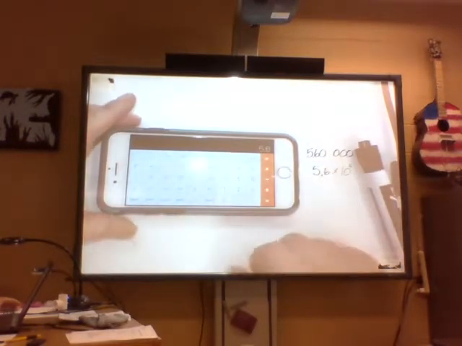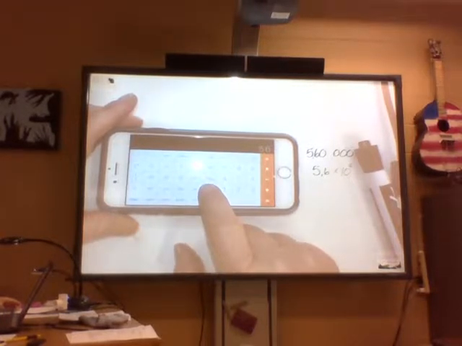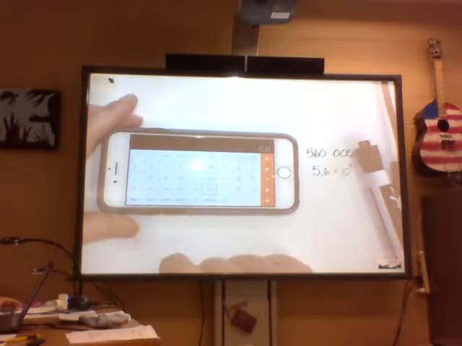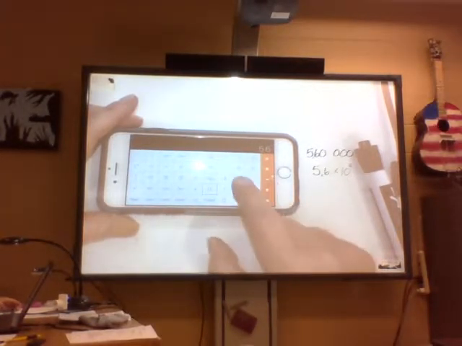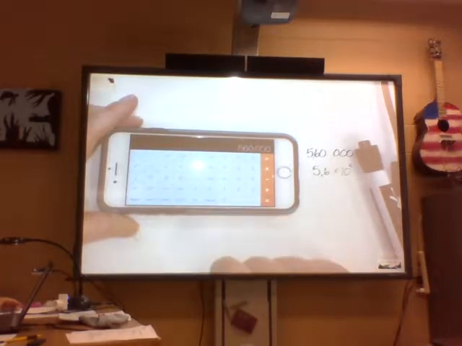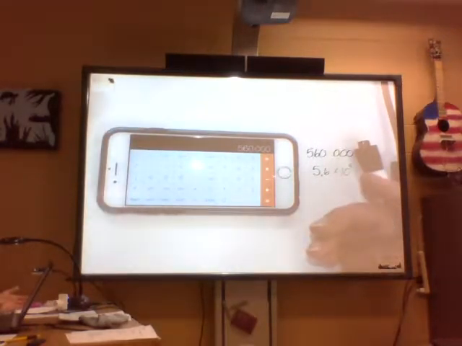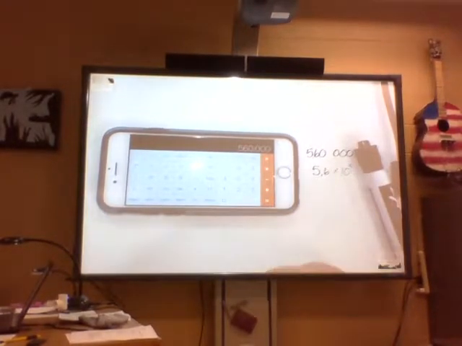So if I'm going to plug in 5.6 and I use this button right here, EE, and I put a 5 here, I get the number, correct? What is EE? EE means times 10. That button, EE, means times 10.